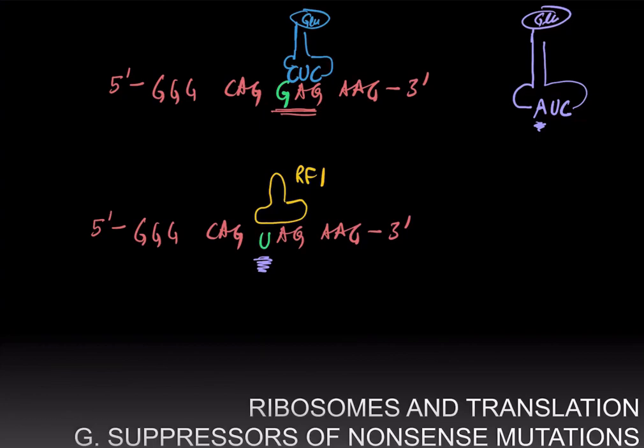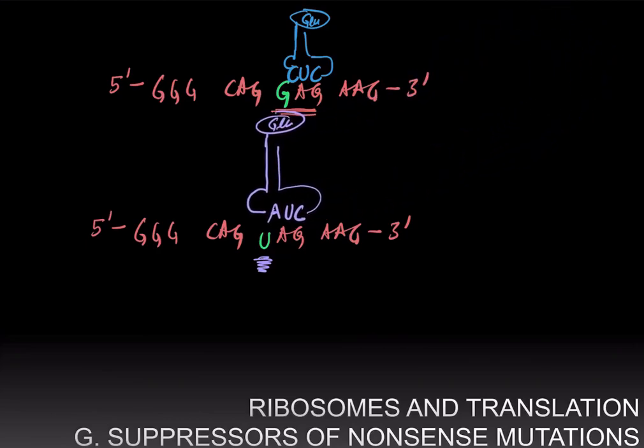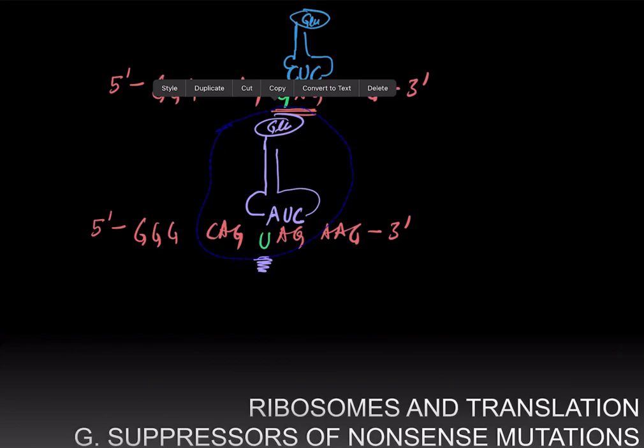And of course, if that happens, then instead of the release factor recognizing the codon, the mutant glutamate tRNA will be able to recognize the stop codon.